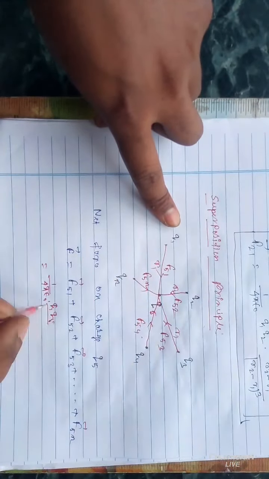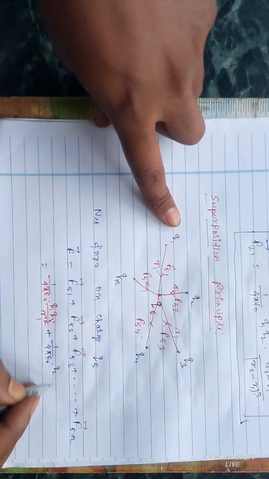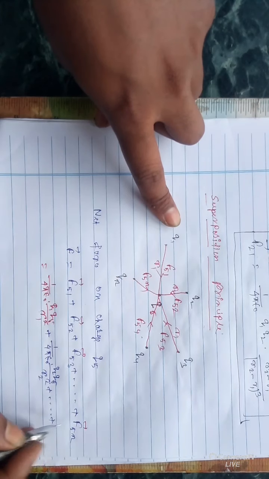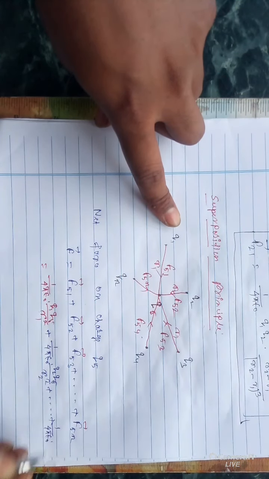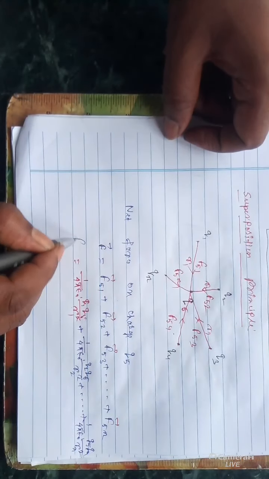Plus force on 5 due to 2, that is 1 by 4 pi epsilon naught, Q2 Q5 by R2 squared, plus dot dot dot, force on 5 due to n, 1 by 4 pi epsilon naught, Q5 Qn divided by Rn squared. This will be the value of the force.